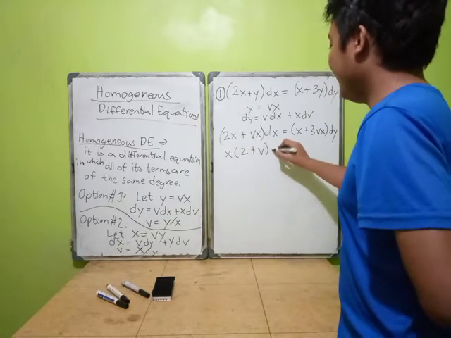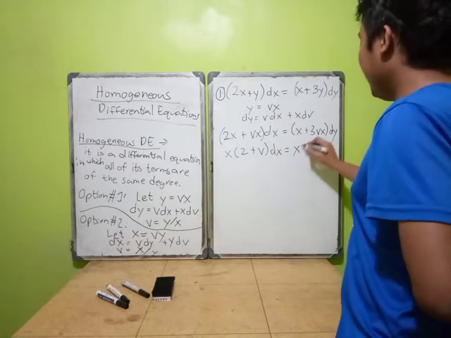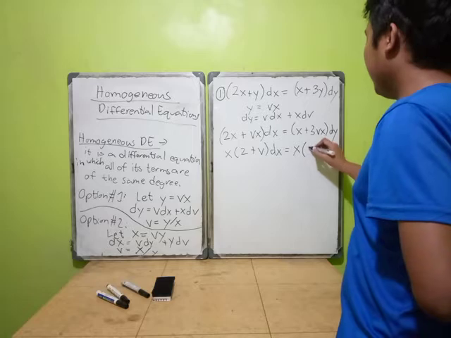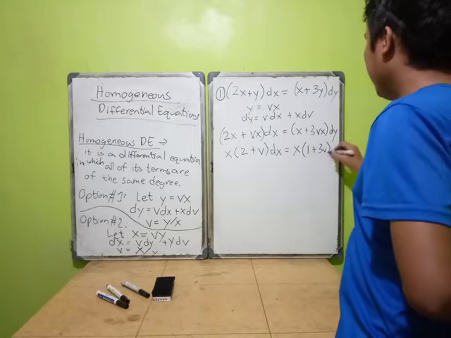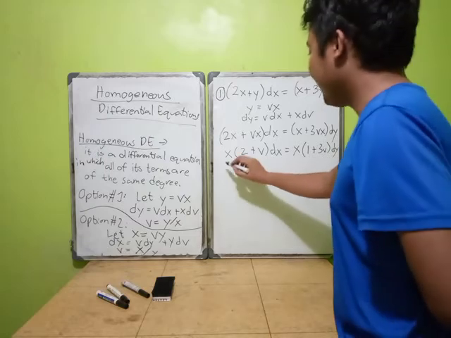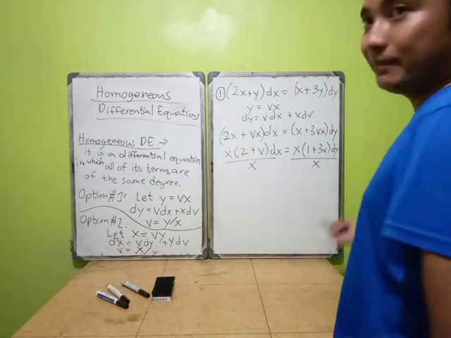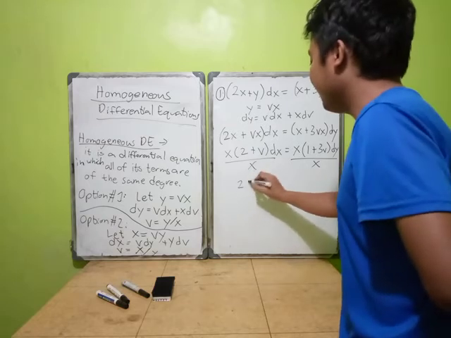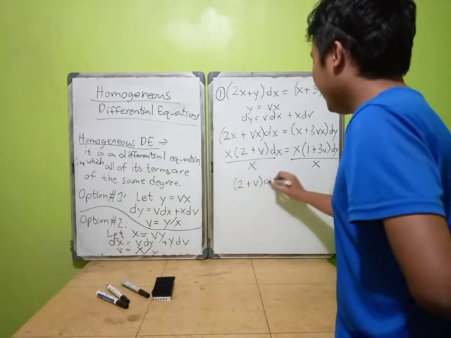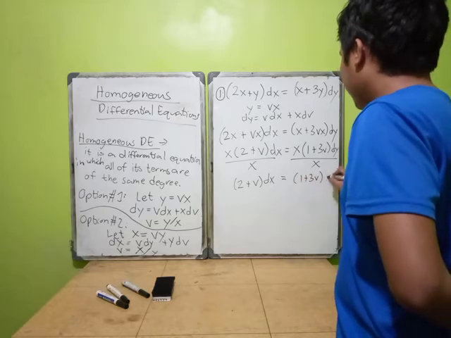Na nakakagulo sa isip niyo. Okay? So, na-replace natin si x. So, magiging 1 plus 3v over dy. Okay. So, to make the long story short, pwede nating itanggalin si x kasi i-divide natin both sides by x. So, nawala na si x. So, 2 plus v dx is equal to 1 plus 3v dy.